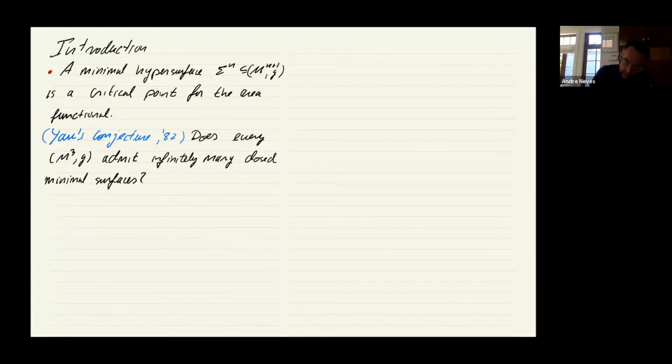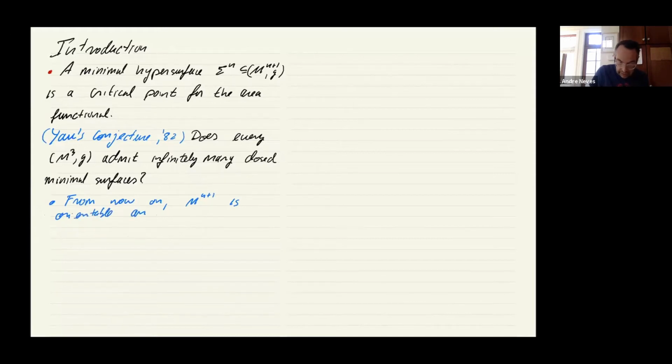Let's assume this, I'll write it in blue. From now on, M^n is orientable, and there's a restriction on the dimension: the dimension n is between 3 and 7. Okay, now we can start.